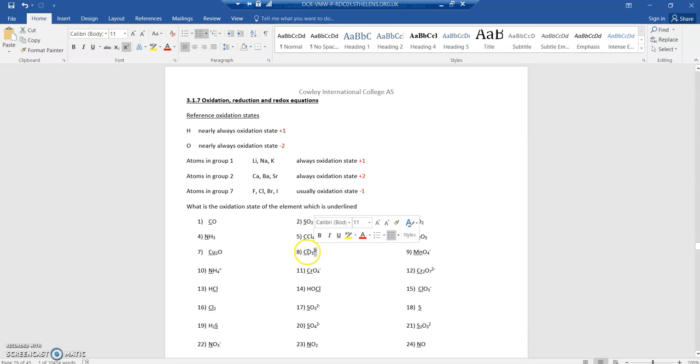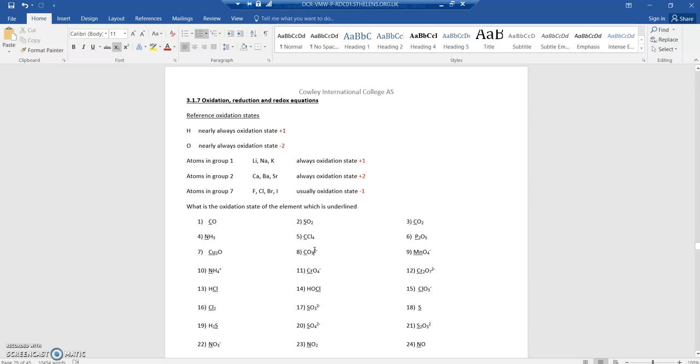So X, which is the oxidation state of carbon, minus 2, minus 2, minus 2 equals minus 2 left over.